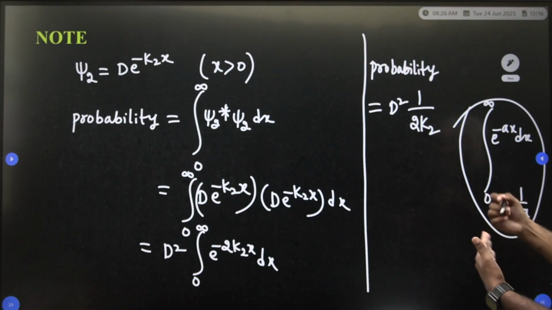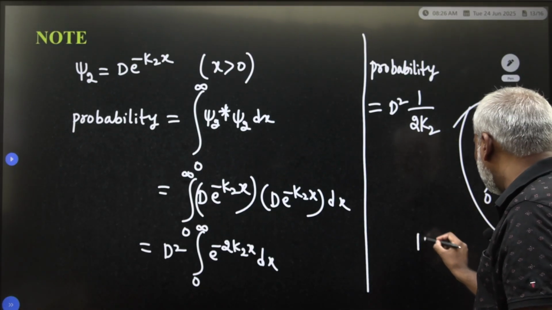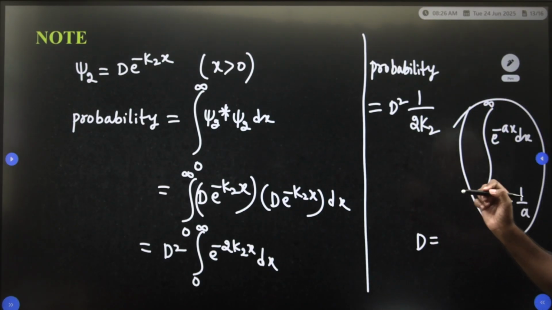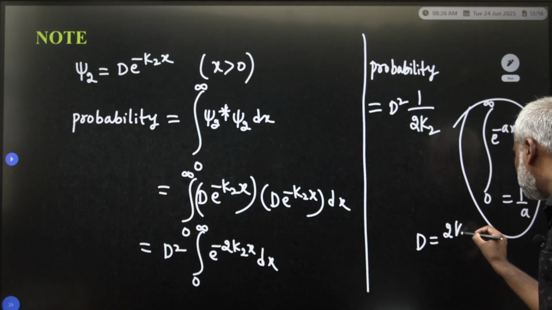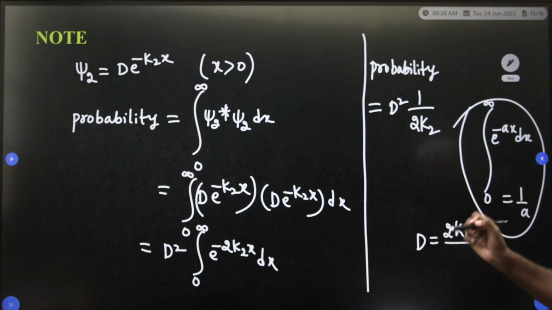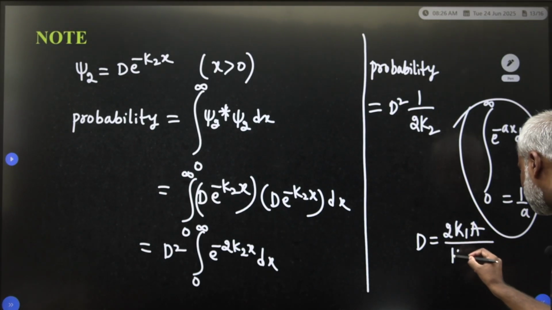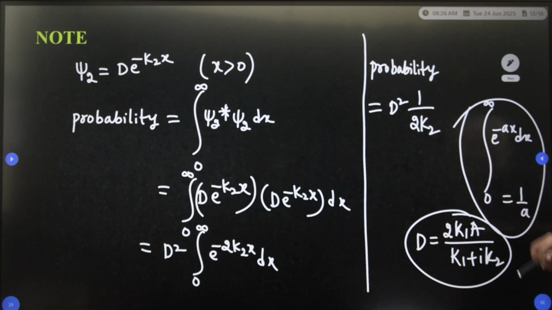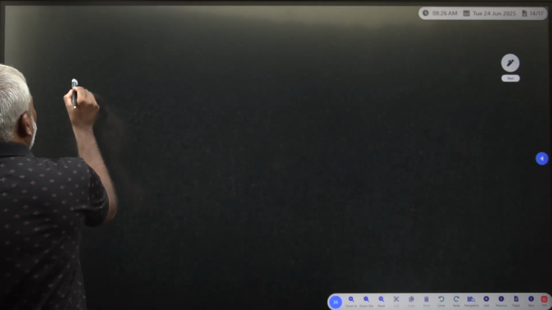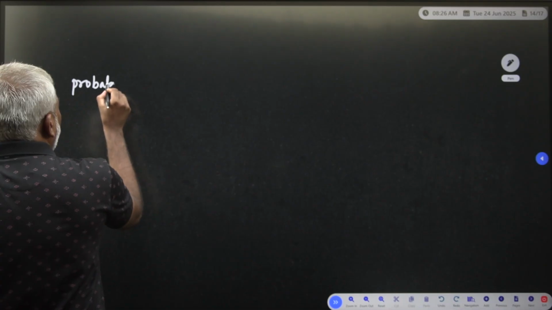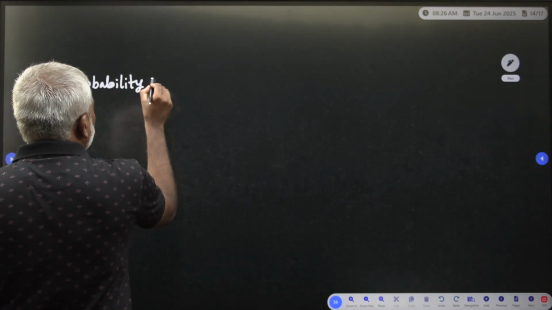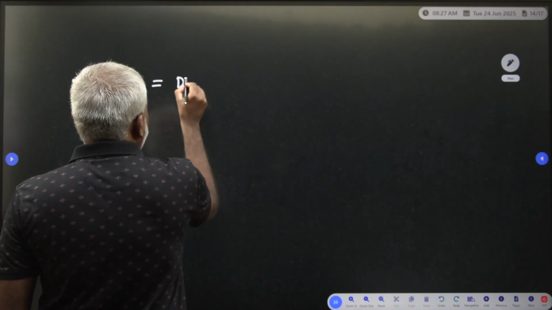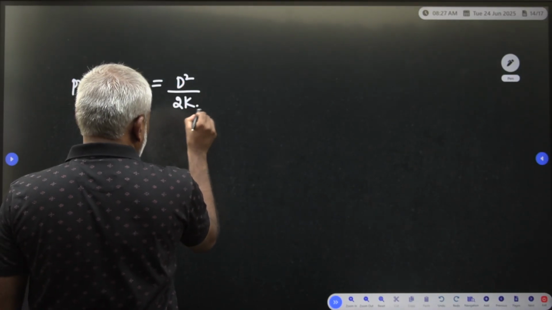But what is your D value? I already gave the D value: D = 2k1 a divided by (k1 + i k2). Now substitute there. The probability of the particle in region 2 is D squared divided by 2k2.